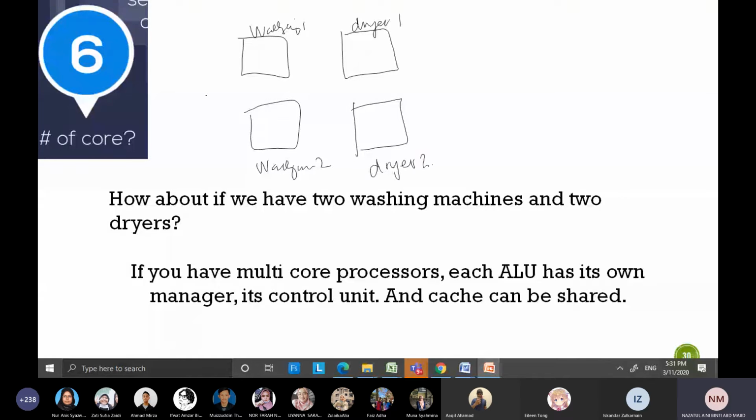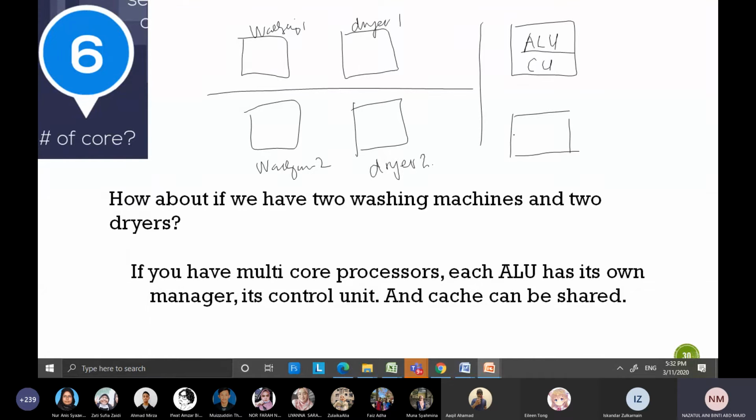That is the meaning of multi-core. In the computer, you not only have one ALU, but you have two ALUs. This is the first ALU, and this is the second ALU. This is the first core, and then this will be the second core.